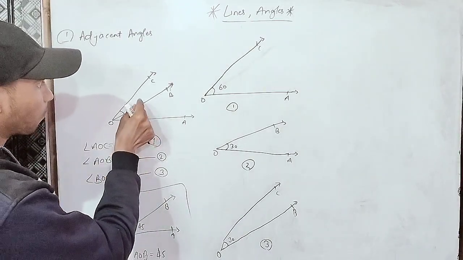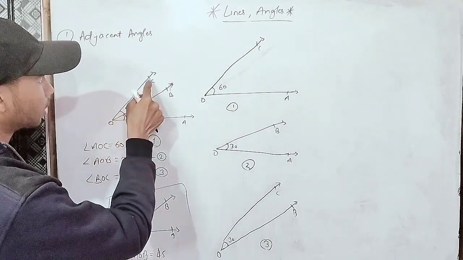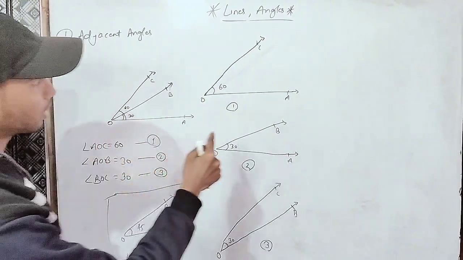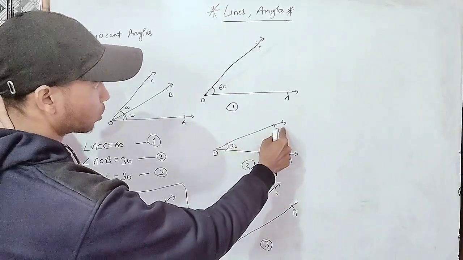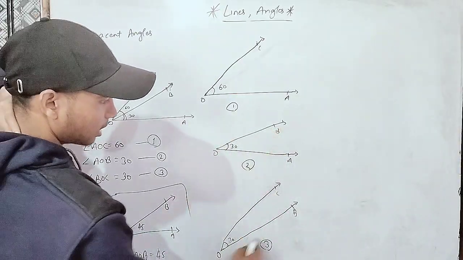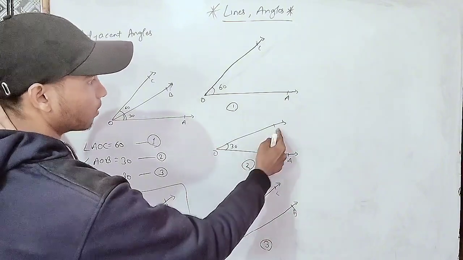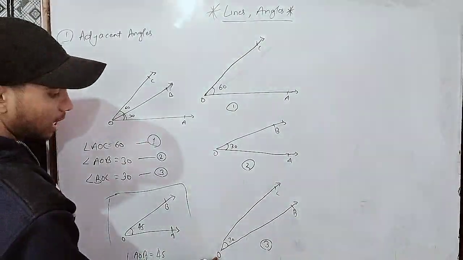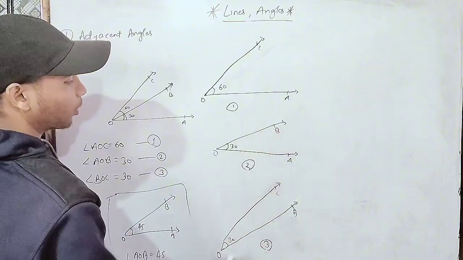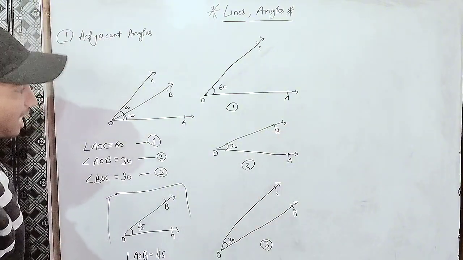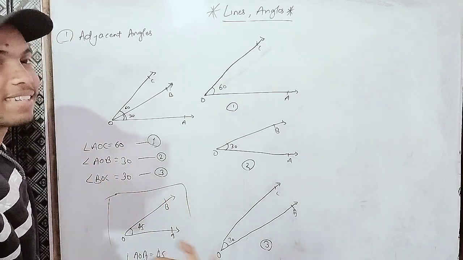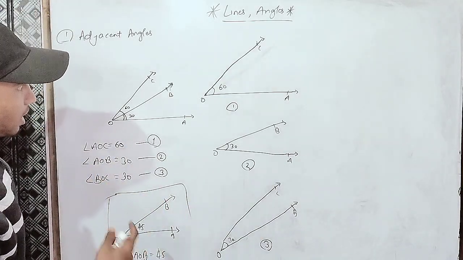We have COB, so OB, and similarly here OB. So how many lines do we have here? You can say two OB. Am I right? That's why it is said common rays, common arms, common ray lines.